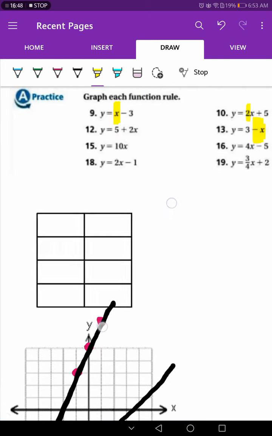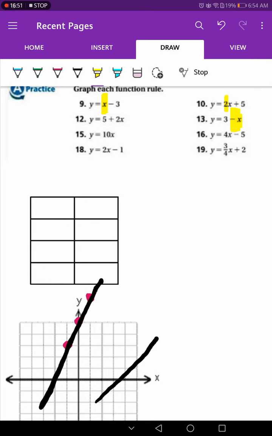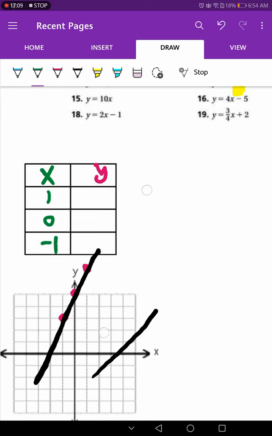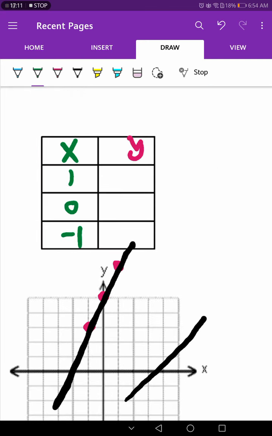Now, the first step, as we said, we select the x and the y. We select from our mind the values for the x. I will select 1, 0 and -1, and let me write the equation, y equal 3 minus x.